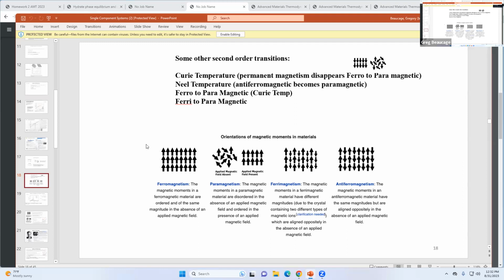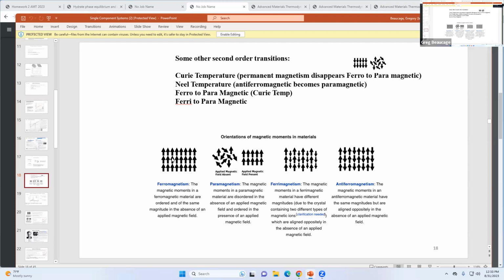Things get weird. So you can replace this arrow with a lot of different things, but the original development of the theory of transitions started with magnetism. So you have to look at that first, even though it's something you may never deal with at all.